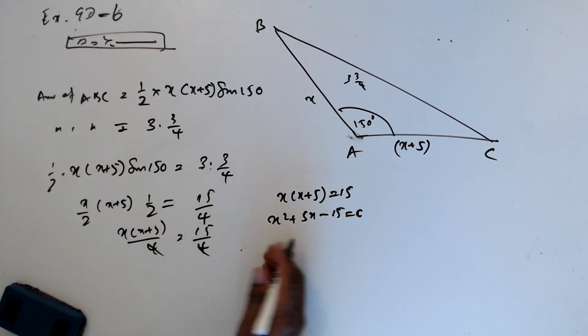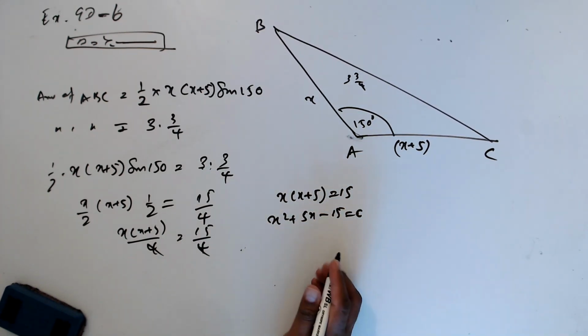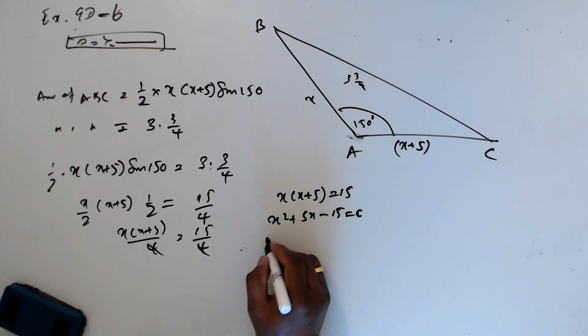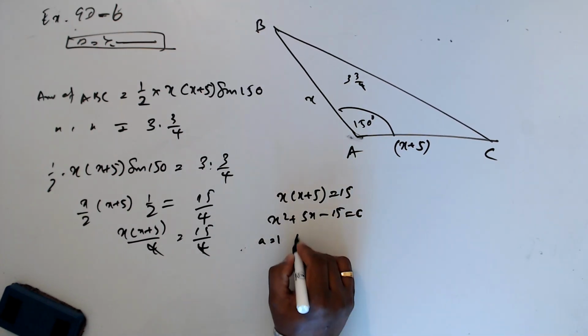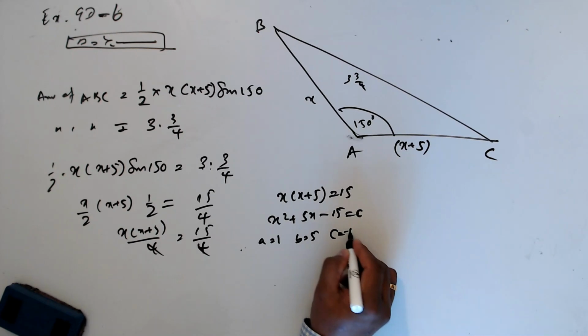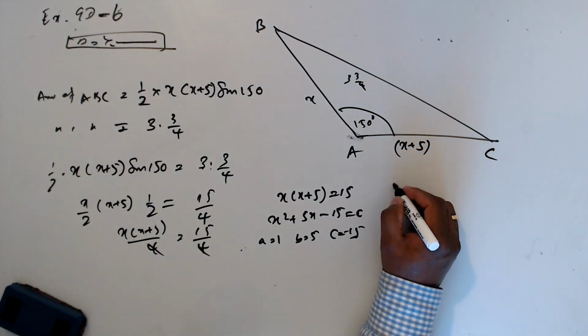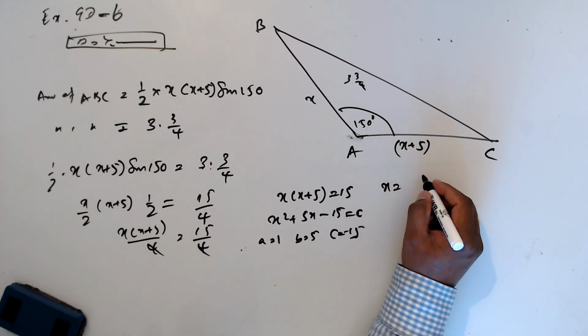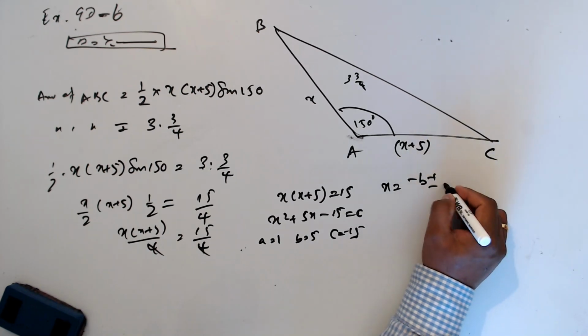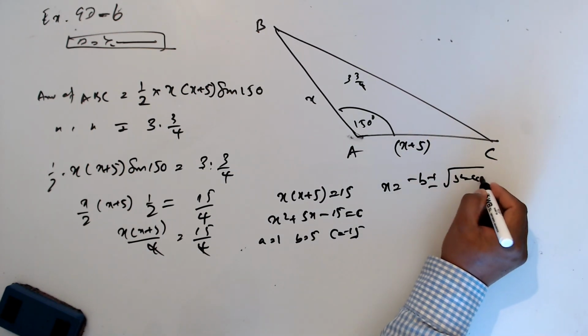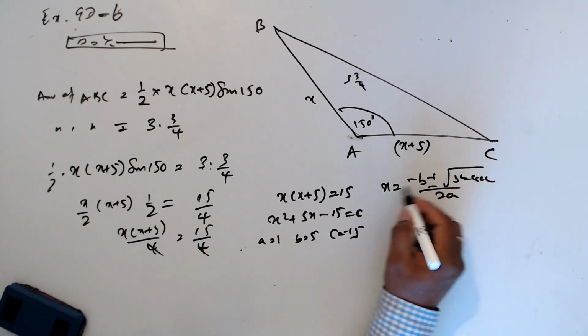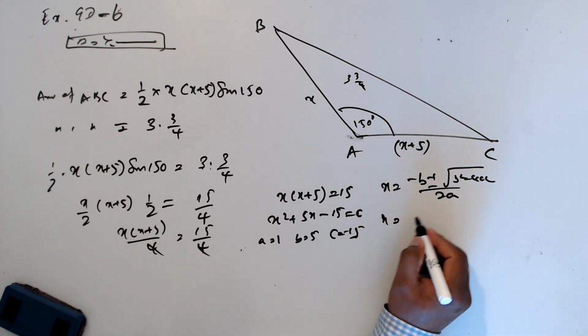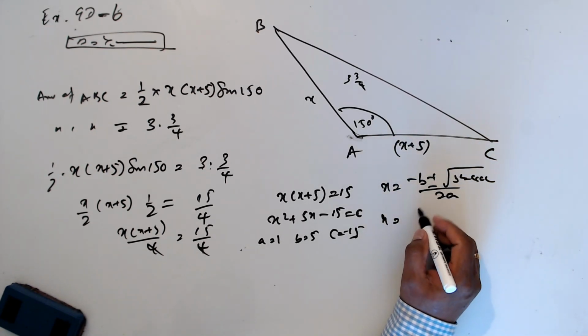So we have to use the quadratic formula. I can't factorize. So a equals 1, b equals 5, c equals minus 15. x equals minus b plus or minus the square root of b square minus 4ac, over 2a. We have to write the theory and then the formula.